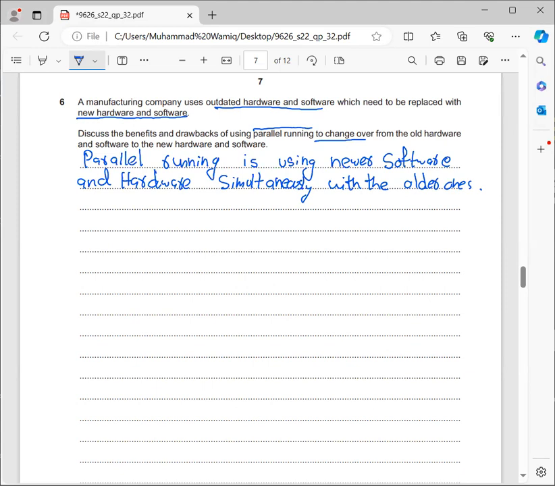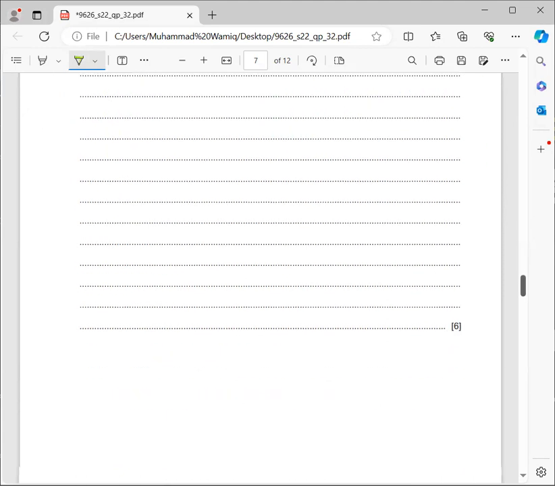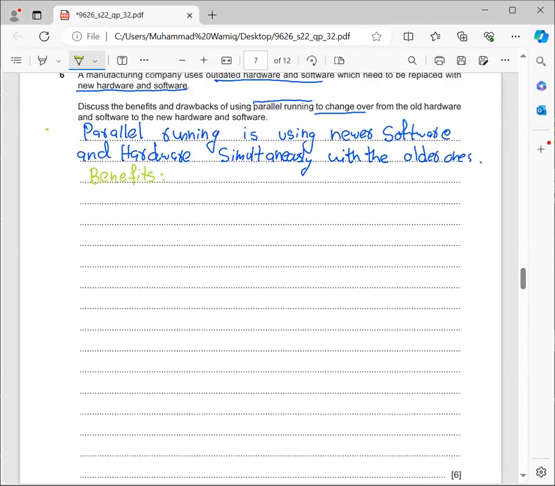Now, second part is that you need to write here the benefits. So the total marks for this question is 6 marks. So let's make it 3 points for benefits and 3 points for your drawbacks, and 1 point is going to be of your definition.